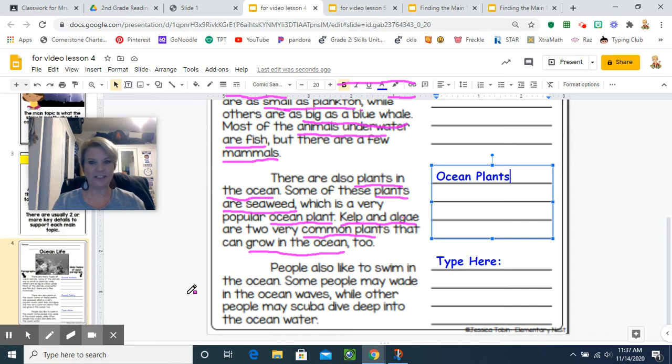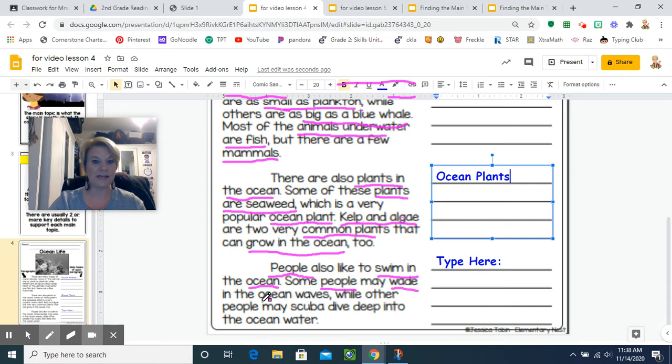All right, if you said that this was about people in the ocean, you are correct. Let's look at our paragraph and find those details. People swim in the ocean. Some people wade. Oops, I forgot to underline people.